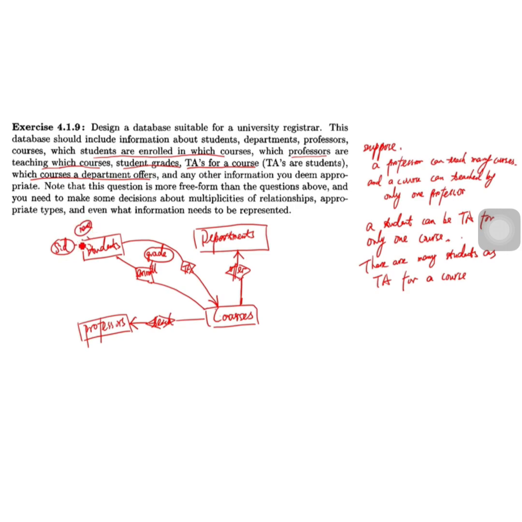For example, student ID, name, gender; department ID and department name; course ID, course name, credit, and so on. Professor: employee ID, name, gender, degree, and so on.